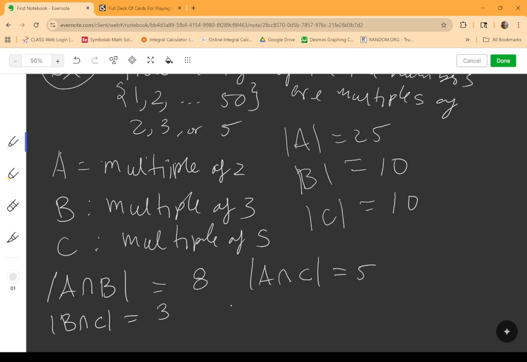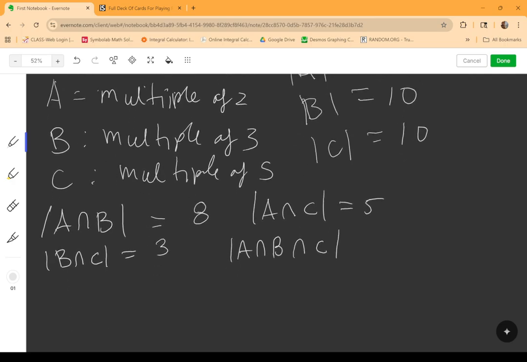And lastly, the intersection of all of these: there's only one, namely 30, a multiple of 2, 3, and 5, in the numbers between 1 and 50.